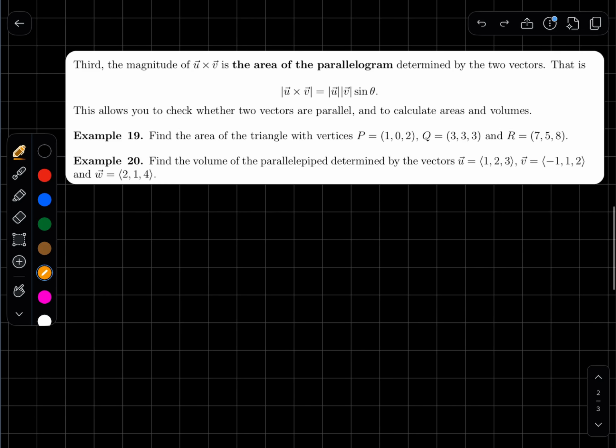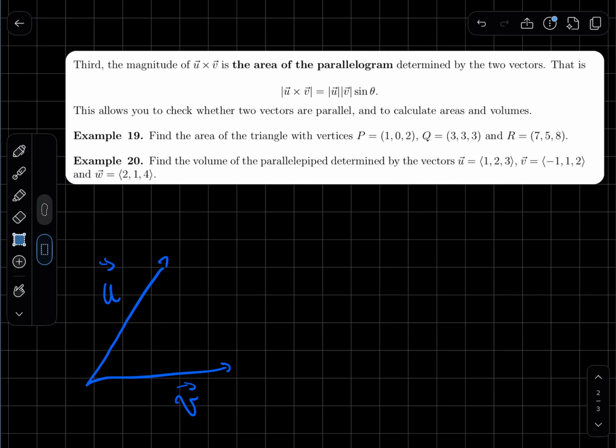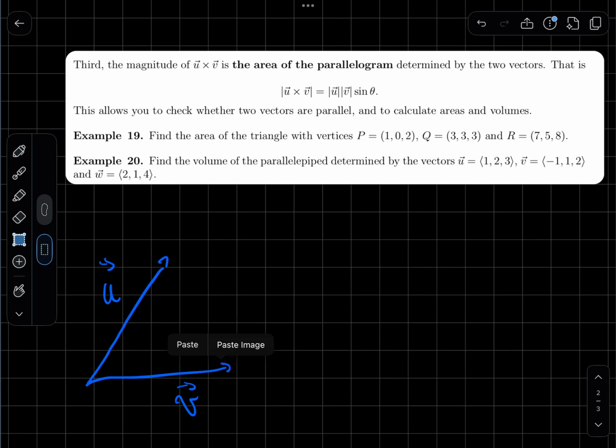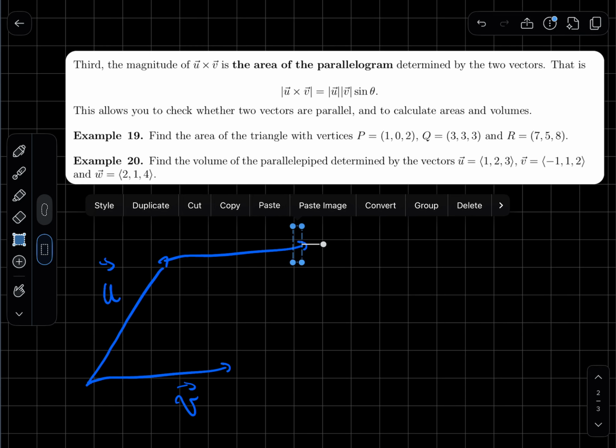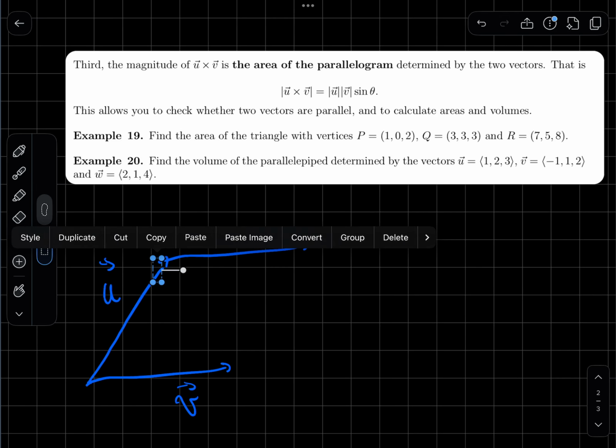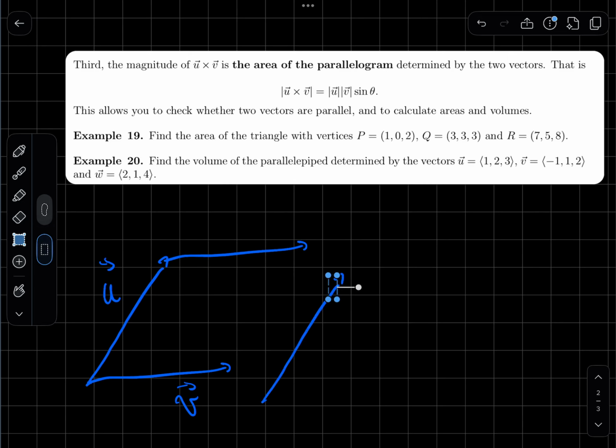And third, we have this more interesting property, which says that the magnitude of the cross product is the area of the parallelogram determined by these two vectors. So if you have U here and V here, you can copy this one, put it here, copy this other one, put it here.